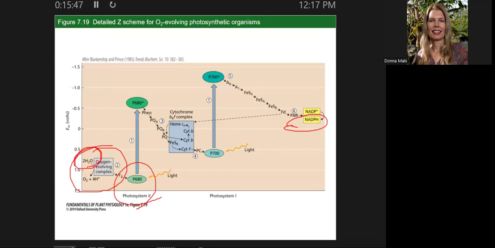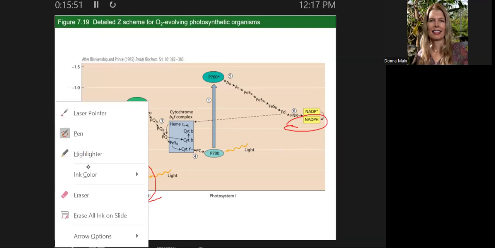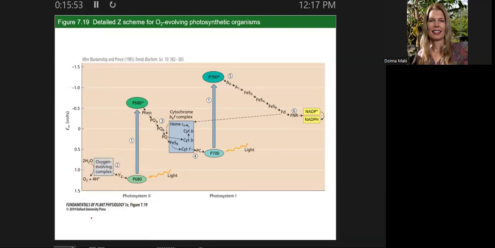So this black arrow coming off the oxygen evolving complex, that YZ, they're trying to show the black arrow is electron flow. So they're saying, yep, we got electrons stripped off of water. It gets fed into photosystem 2. And then you keep getting this process cooking along as long as there's light.